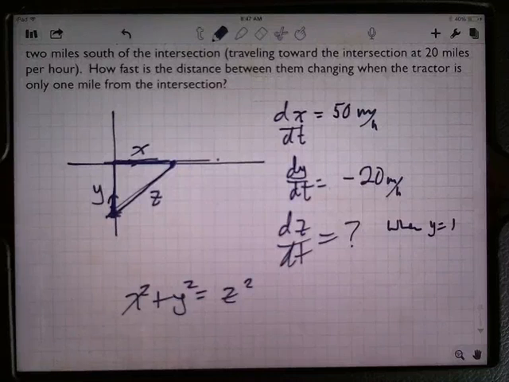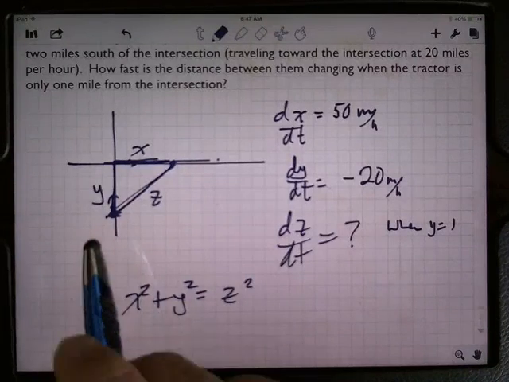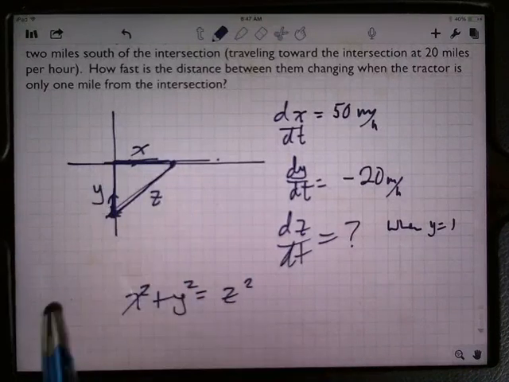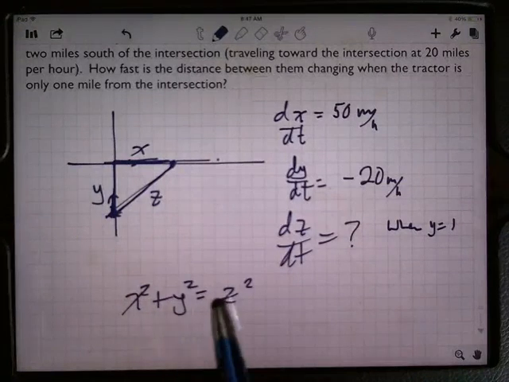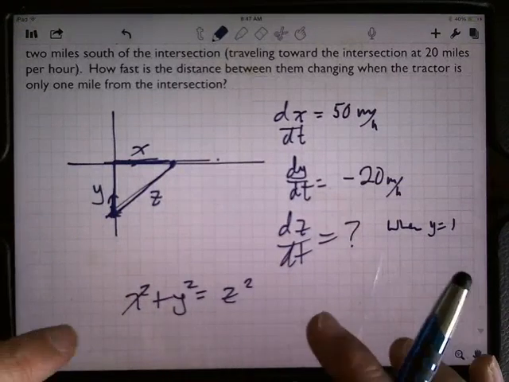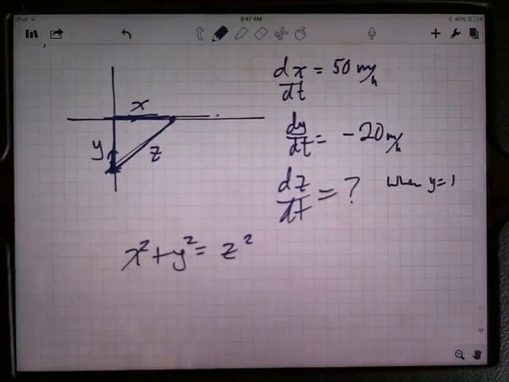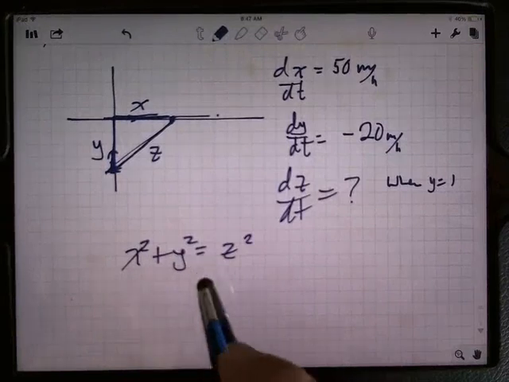Now we can implicitly differentiate with respect to t to find the relationship between the rates involved. Each one of these things, x, y, and z, is changing as time changes, so I don't want to plug in any numbers yet. I don't want to treat any of them as constants. They're all variables. They're all changing with time.